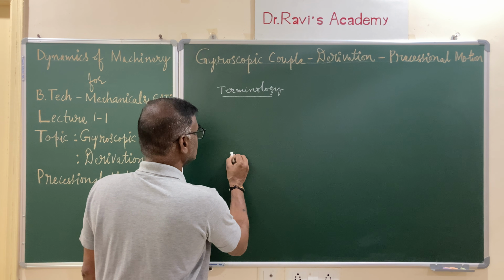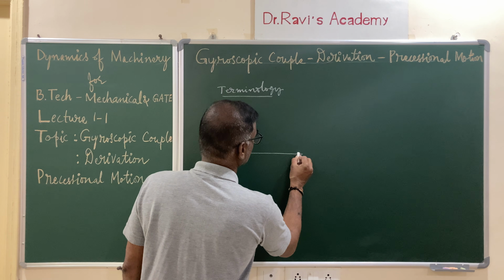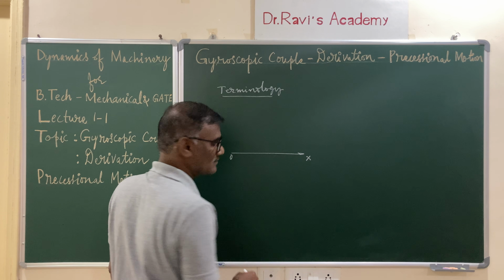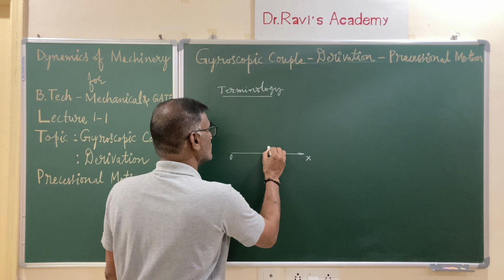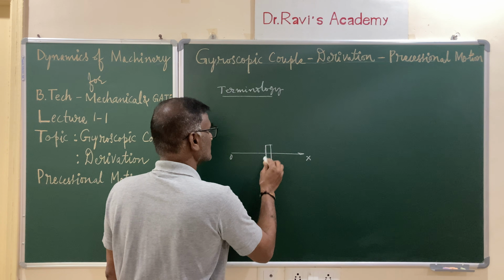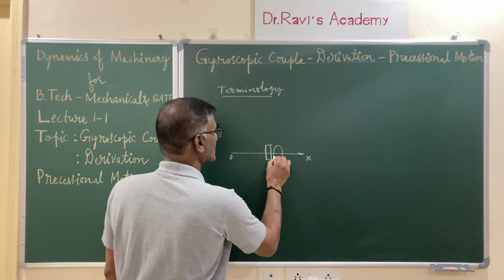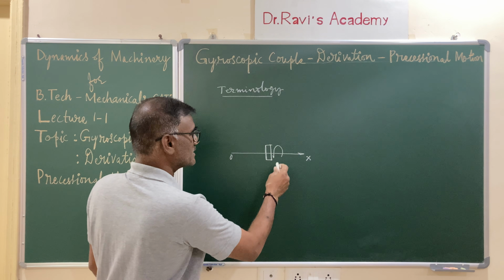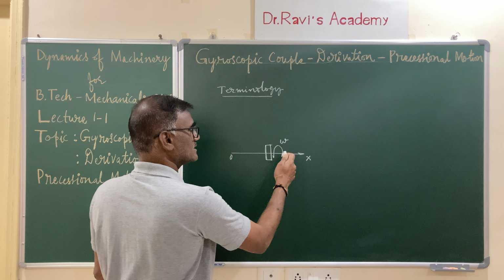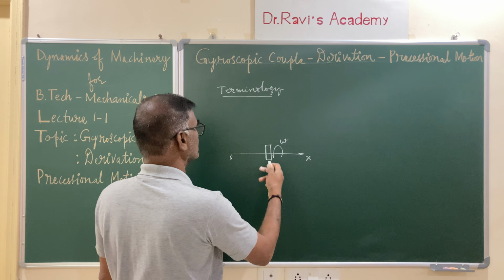Let us consider OX, on which your circular disc is mounted. I am just mounting this circular disc on this, and it's rotating in anti-clockwise direction at an angular velocity of omega. It's rotating about OX as the axis.